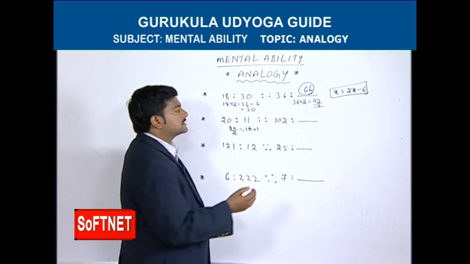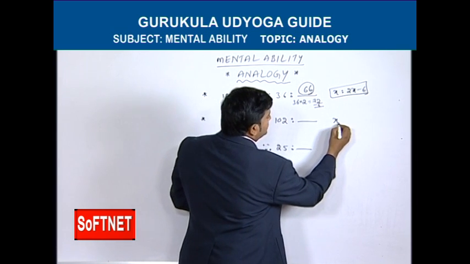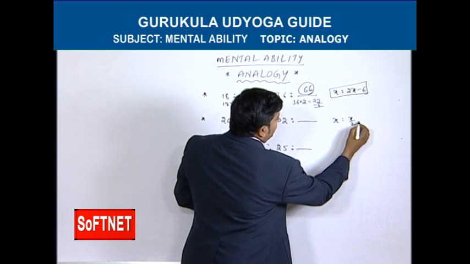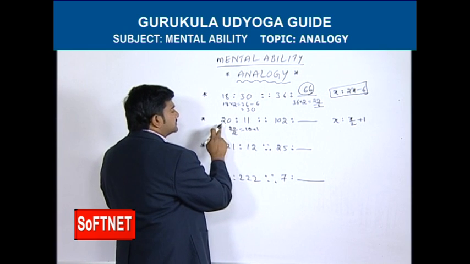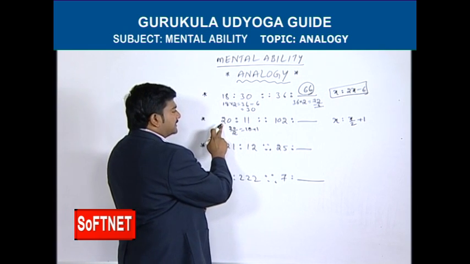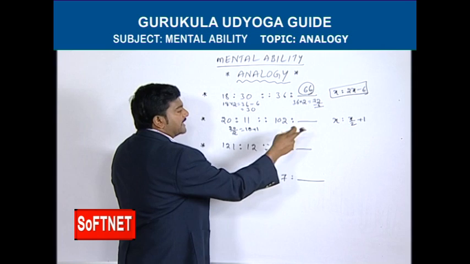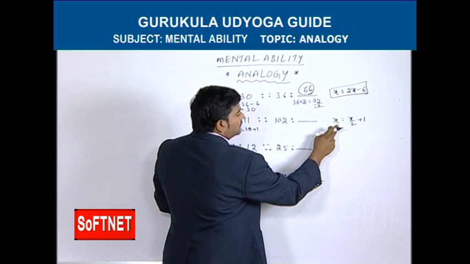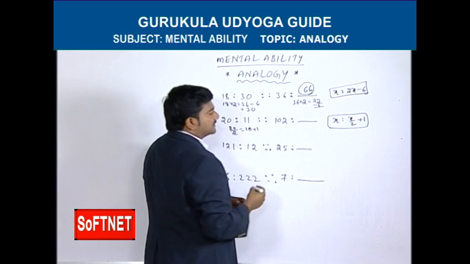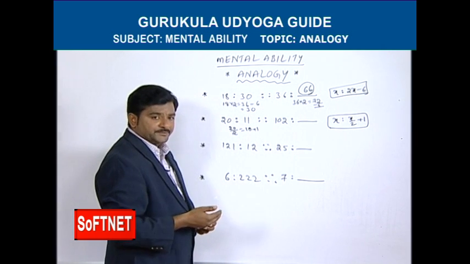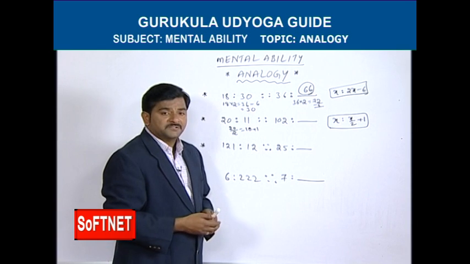So simply x is to x by 2 plus 1. That is the concept involved in this logic. Here x is divided by 2 and plus 1 is added. Here 20 is divided by 2 plus 1. Hence the concept involved for the second model is x is to x by 2 plus 1.